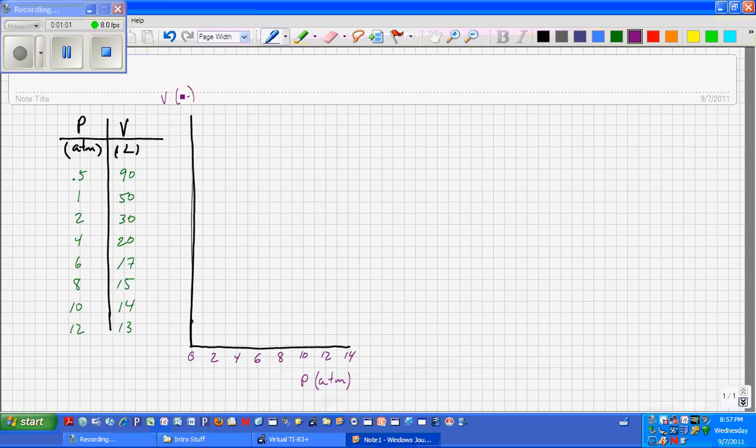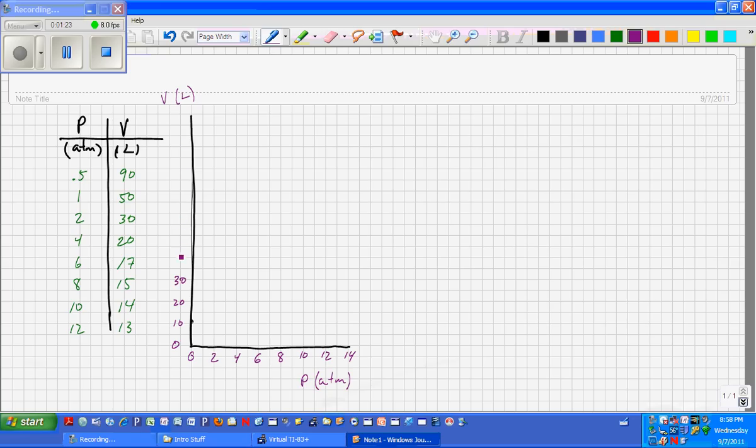And I've got to go from like 0 up to 90. So let's see here. 10, 20, 30, 40, 50, 60, 70, 80, 90. That's not a very big graph. So let's go 10, 20, 30, 40, 50, 60, 70, 80. Yeah, that'll work.